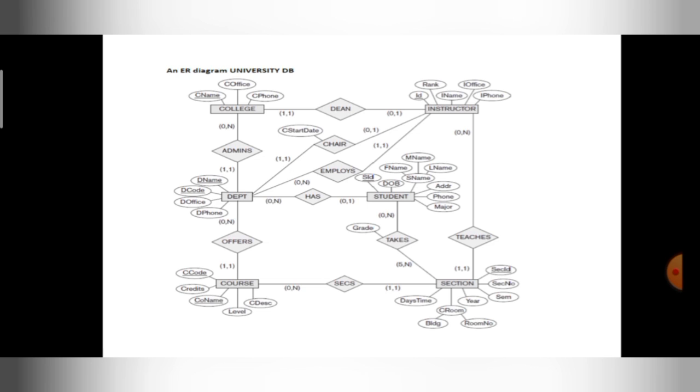While writing the ER diagram, you can write your own diagrams based on your knowledge. It is not a rule that you have to write the ER diagrams exactly in the same way I have written. No, it's not a rule. You can consider your own entities, your own attributes, your own relationships, but you should remember one thing while writing the ER diagram.